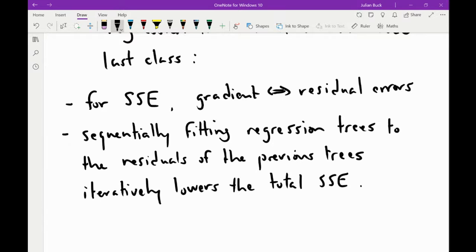Now here's a case where the practicality is going to break with the theory. We're not going to get our residual errors to go to 0. So we're not going to get the gradient being 0 by doing this iteratively, because we've got to stop at some point. Theoretically, if you took a limit as the number of iterations went to infinity, the errors might reduce to 0, but we can't run an infinite number of tree iterations for obvious reasons.